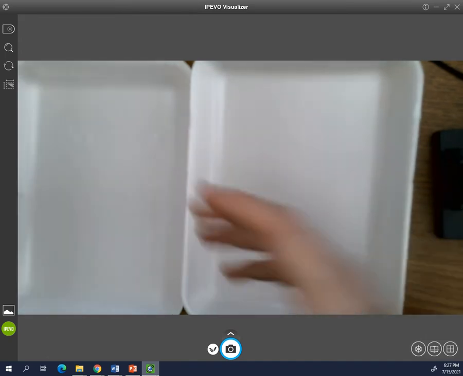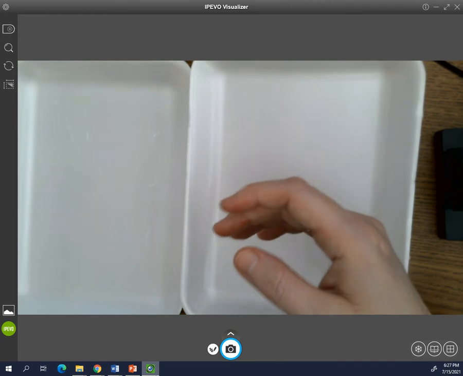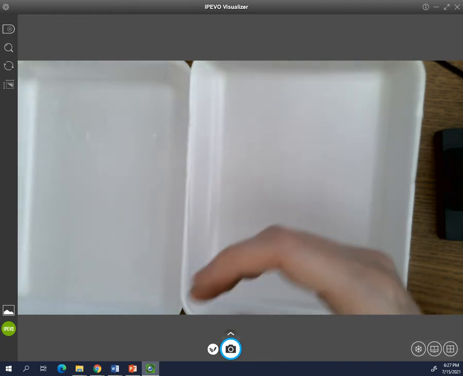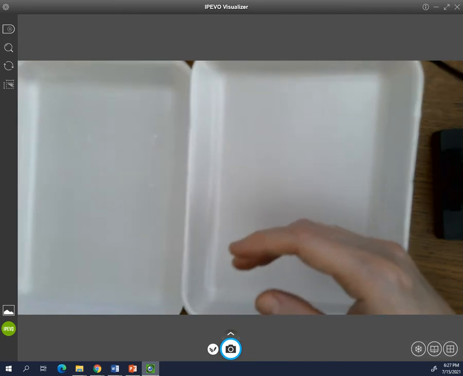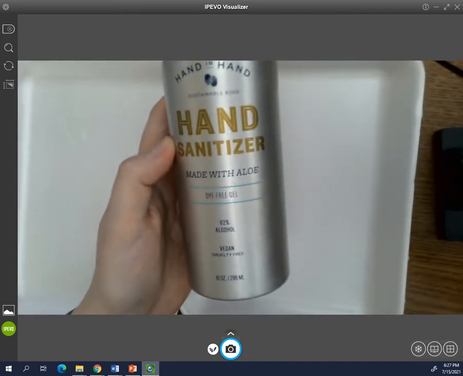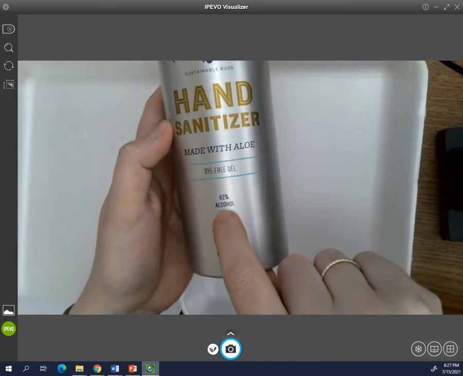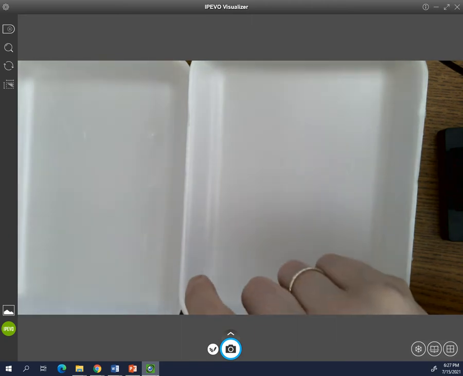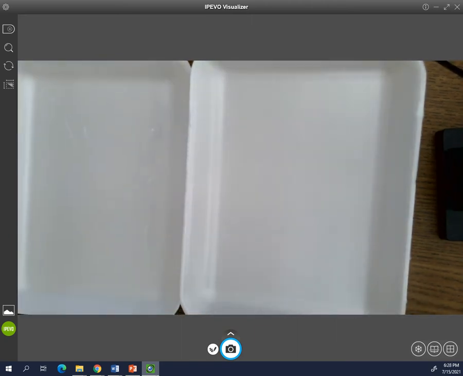We need black pepper, so I have some black pepper for us to use. We have 1 drop of liquid soap, so this is a soap I am using. And also we are using hand sanitizer, and this is a hand sanitizer I bought in the beginning of the pandemic, and we can see 62% alcohol, and it does smell like alcohol like a lot of the off brands that we have.